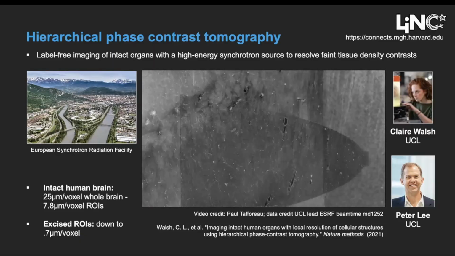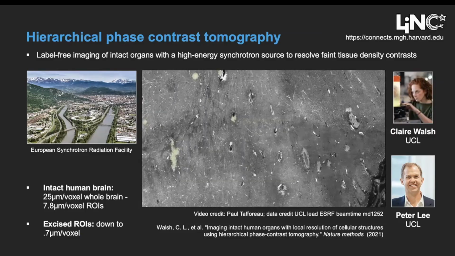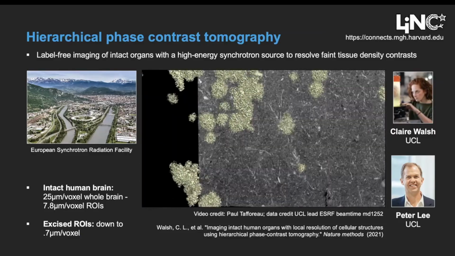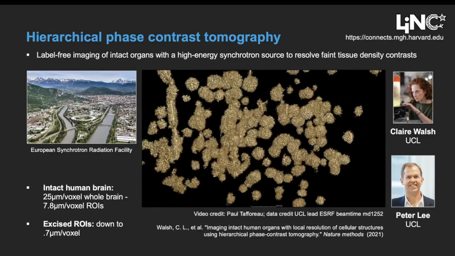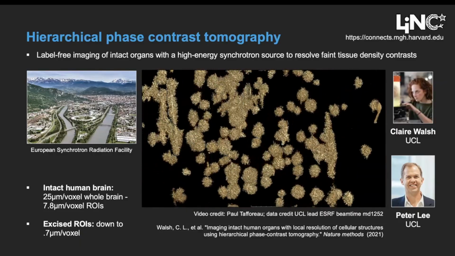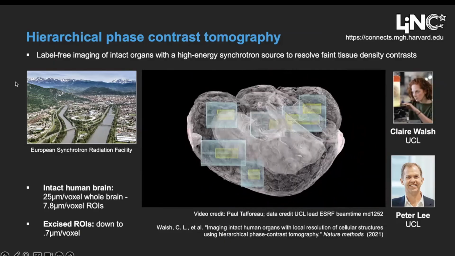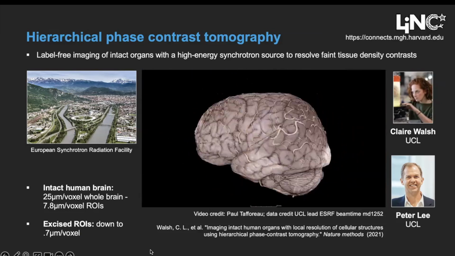Because they are collected within the intact brain, all these data sets at the different scales are inherently aligned with each other. They're collected in the same session, allowing for truly multi-scale imaging all the way down to the cellular level. So you can see here the little cylinders with different colors where they did higher and higher resolution scans.